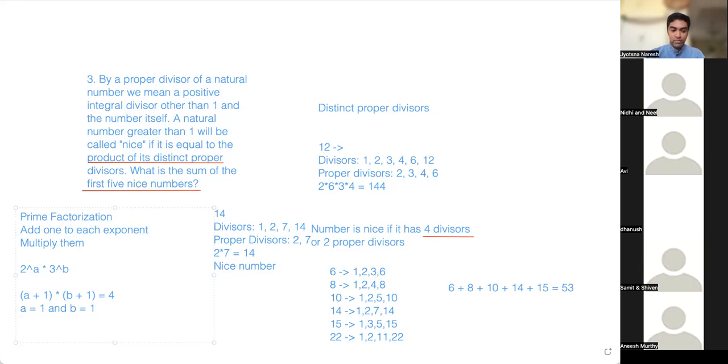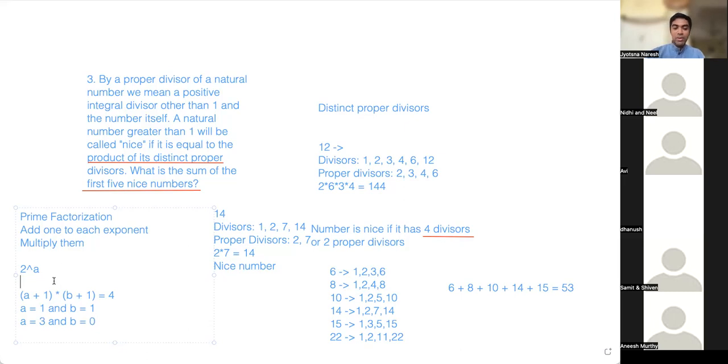Well, A could be 2, and then wait, no. What if A is 3? Another way to think about this is, what if we only had 1? 0. Good. Yeah. So these are 2 of them.